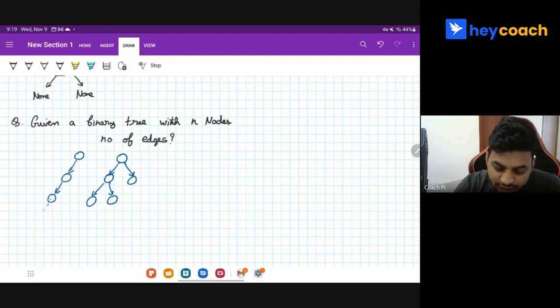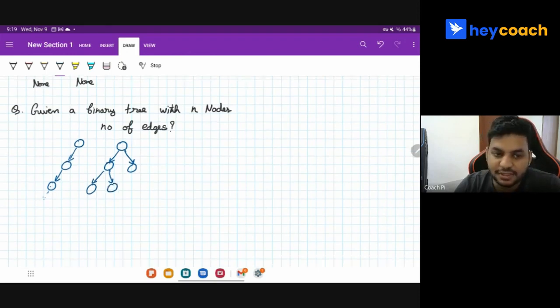We are not given the structure of the tree. We are just given a binary tree with n nodes, and we need to find the number of edges in that tree. So let's try to make an observation here.